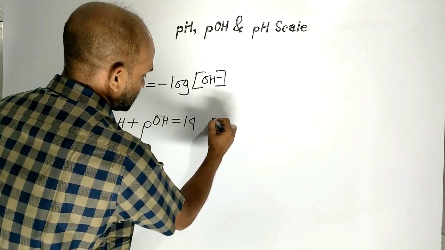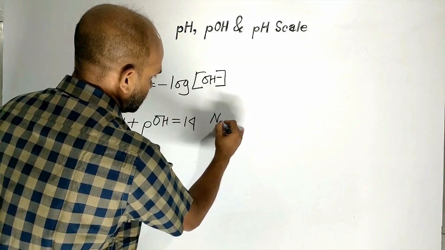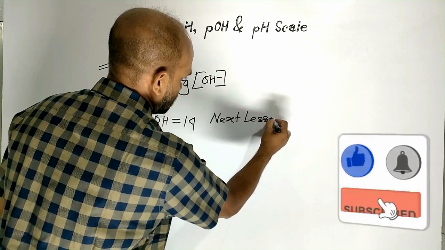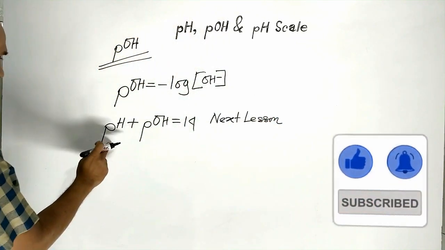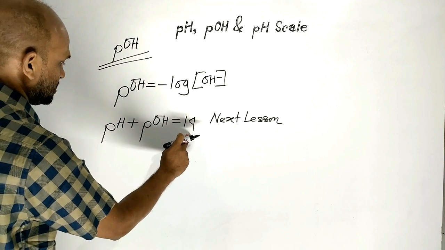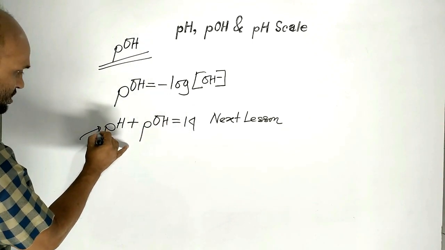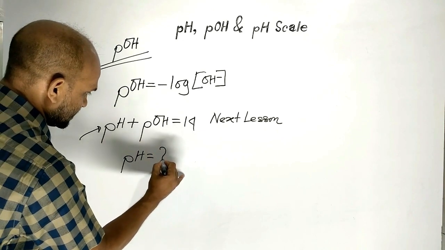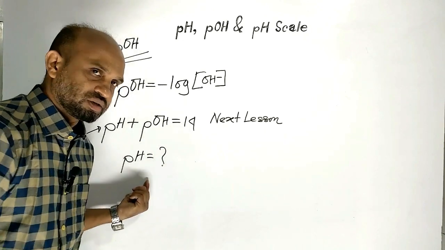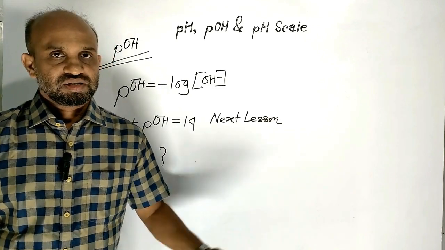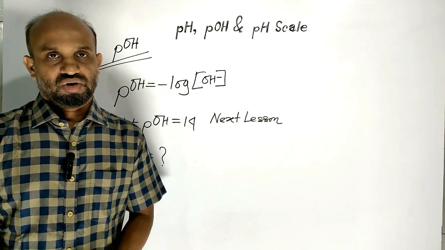It has been discussed in detail in the next lesson. pH plus pOH is equal to 14. From this equation, we can calculate pH, by which we can say whether the solution is acidic, basic or neutral.